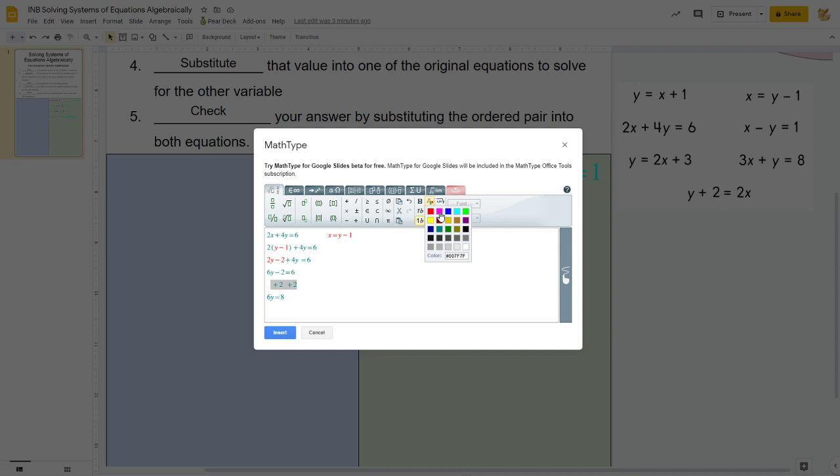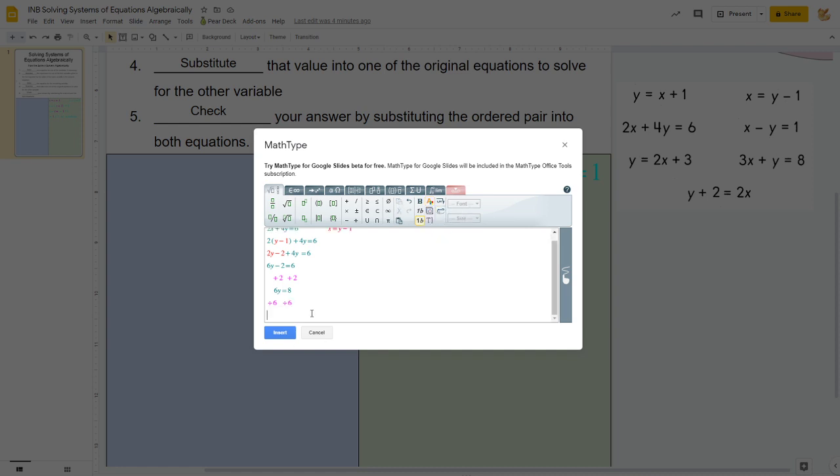Make it pink. Now we divide by 6. So divide both sides by 6. Make this pink to show that's what we're doing.